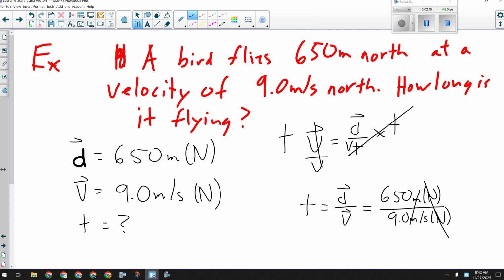Meters are going to cancel. I'm going to be left with seconds. So 650 over 9. Sorry, I forgot to start my calculator. What does that come up to? 72.2 repeating. So 72.2 seconds.